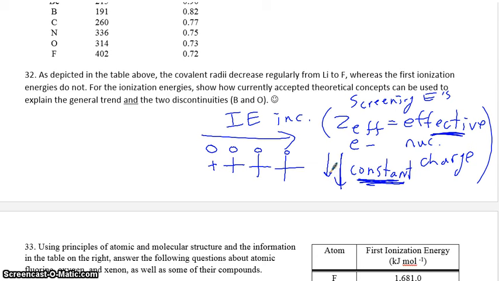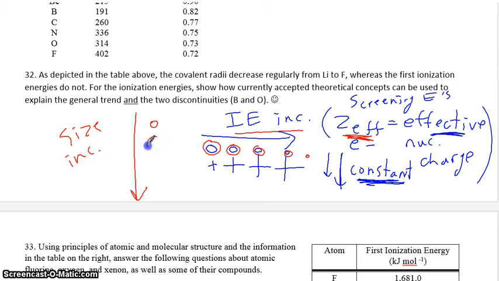And actually, that's what explains, if you were to be asked why the size trend decreases as you go this way, you can also say size trend decreases because of effective nuclear charge. Effective nuclear charge explains why ionization energy increases and size decreases. But if you were to ask why size increases going down, what you would say is each time you're starting a new energy level.